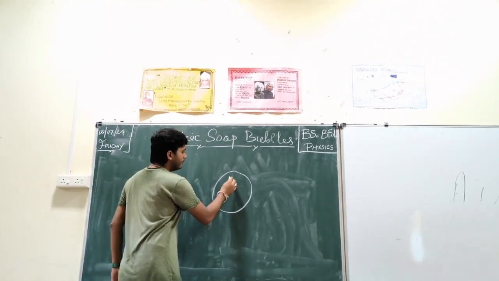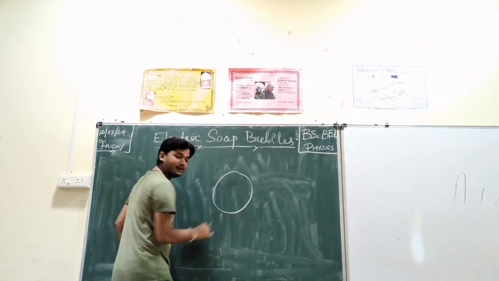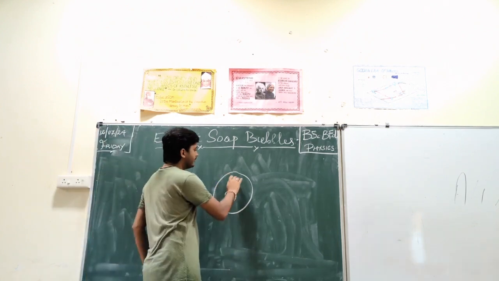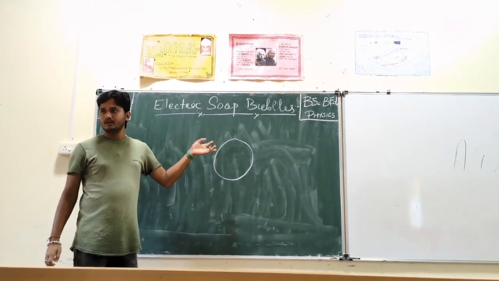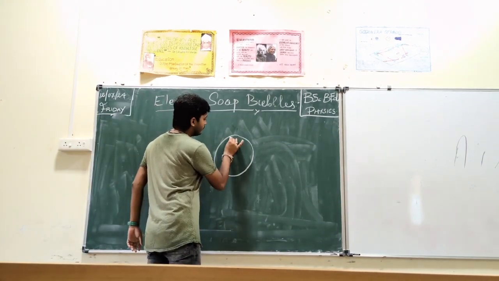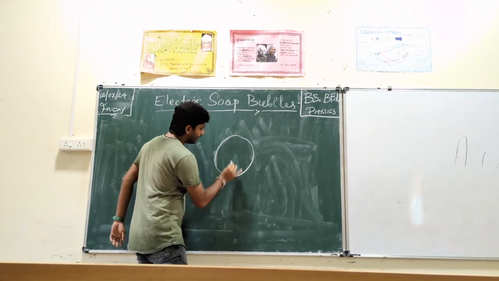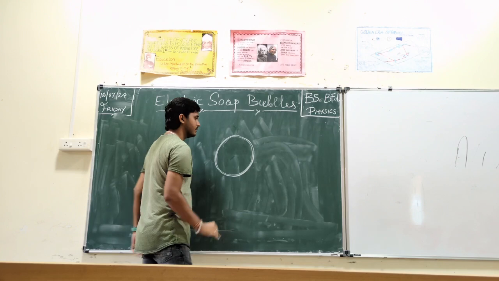In this bubble, it has an inner surface and an outer surface. Surface tension acts on the outer surface. Right. So in this bubble, one is the inner surface and another one is the outer surface.